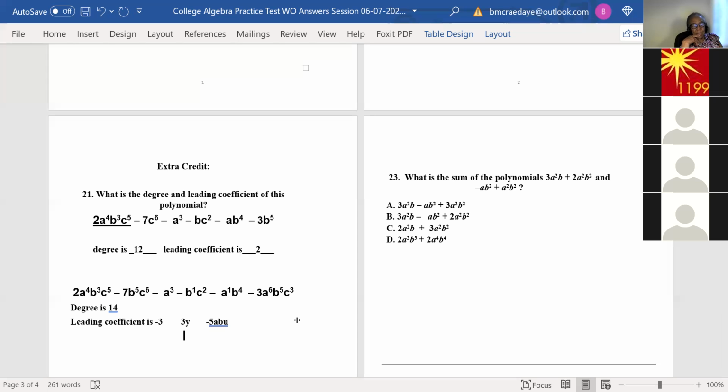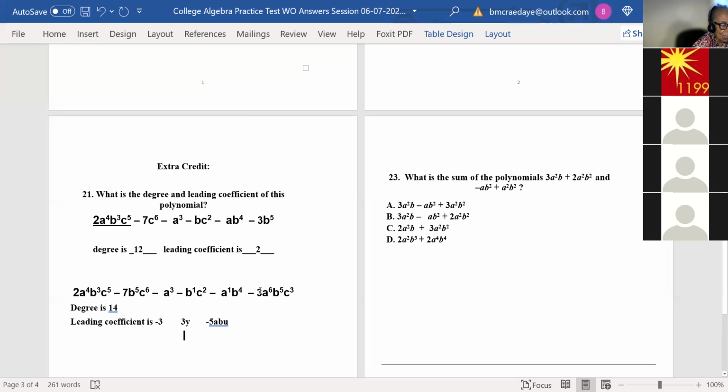So the number that's in front of the variable is the coefficient. But when the coefficient is in front of an expression that shows the highest degree of a polynomial, then that's called a leading coefficient.